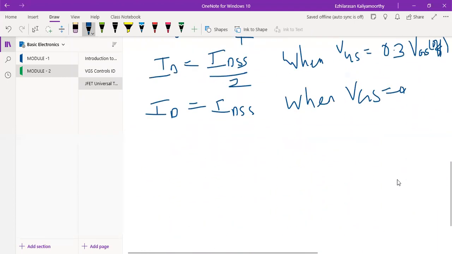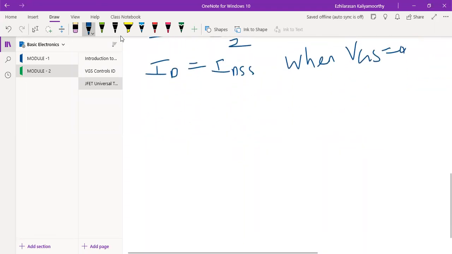So 0 volt. Now this transfer curve can also be developed from the drain characteristics curve by plotting the value of ID for the value of VGS taken from the family of drain curves at pinch off. Each point of the transfer curve corresponds to a specified value of VGS and ID. Let me take an example.